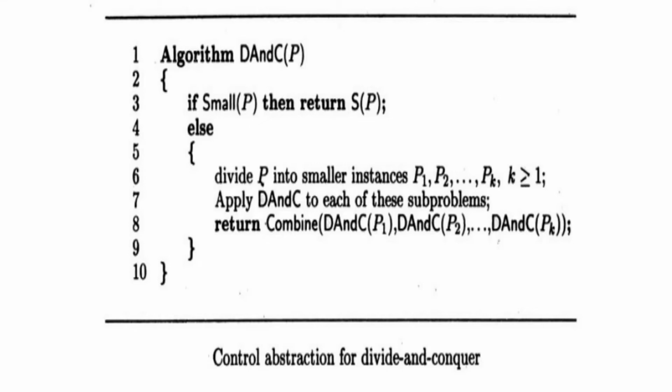It is performed in step 8. Step 8 is a recursive call to the same program with P1, P2, P3, etc. Pk as arguments, and combine the results of the k subproblems.